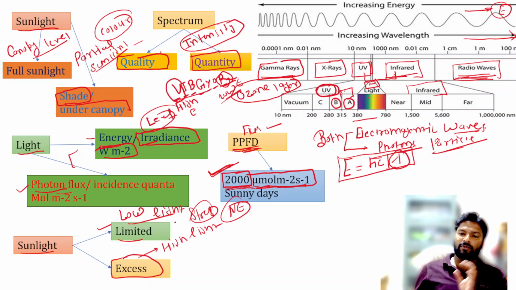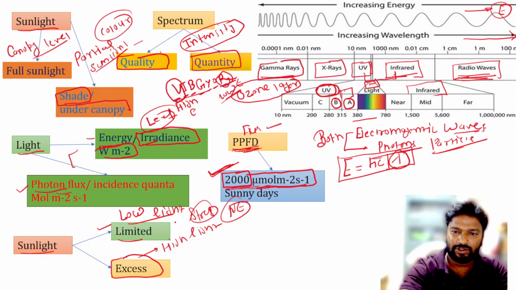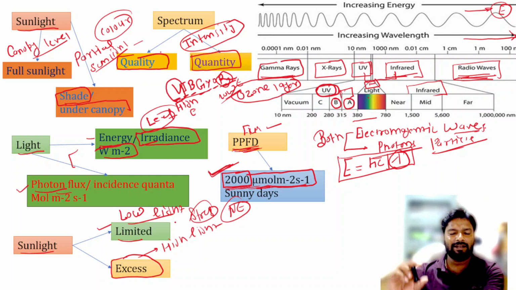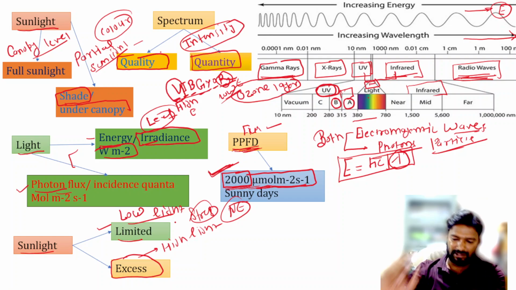So friends, these are the components of light: quality component, quantity component, full sunlight, half sunlight, energy, photons, or high or low sunlight. These are the components of light which affect plant growth and development. And this is about the spectrum, what light is crucial for plant growth and development.